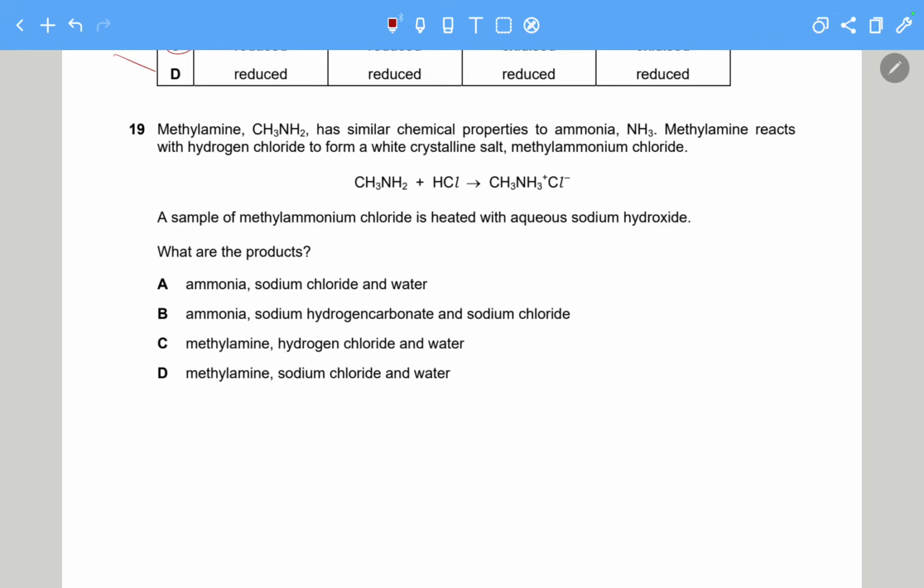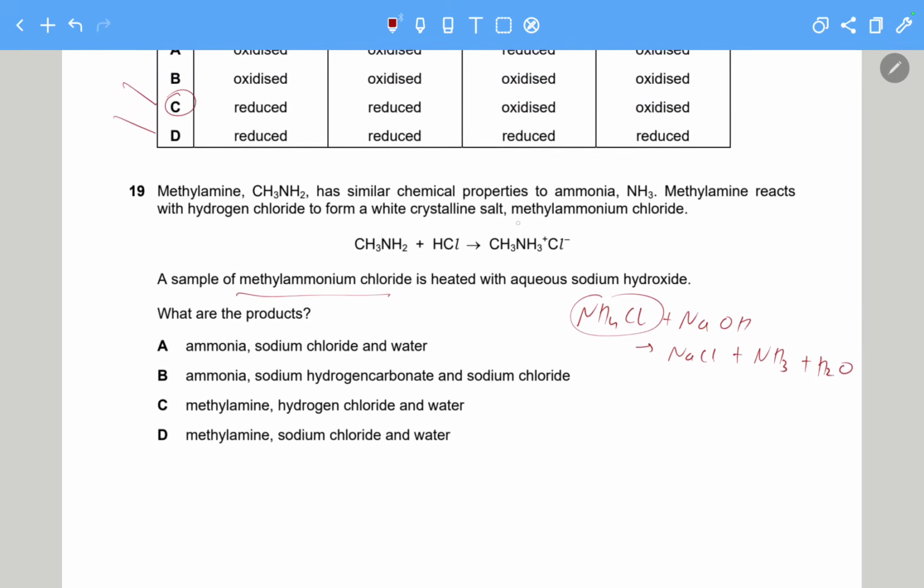Now remember, when we react an ammonium salt such as NH4Cl with a base like NaOH, we get NaCl, which is a salt, plus NH3, which is ammonia, plus H2O. Remember this concept, and we can apply the same concept to methylammonium chloride. The only thing that is changing is that instead of using ammonium chloride, NH4Cl, we are using methylammonium chloride, CH3NH3Cl.